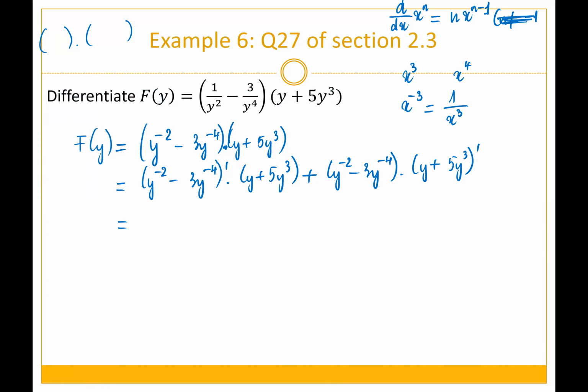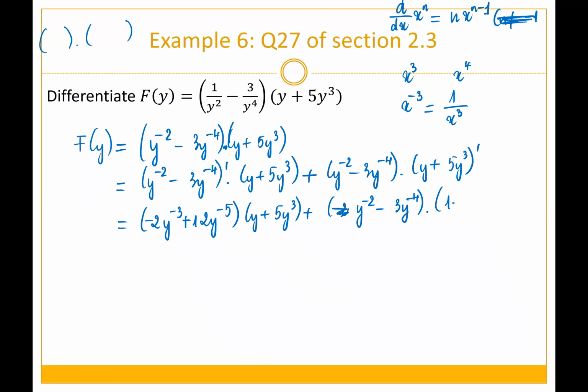So here the derivative of this is going to be negative 2, n is negative 2, y to the negative 3, minus 3 multiplied by negative 4, so it's going to be plus 12, and then y plus 5y cubed, plus negative y to the negative 2 minus 3 to the negative 4. Now here your n is equal to 1, so it's 1 plus 15 y squared.